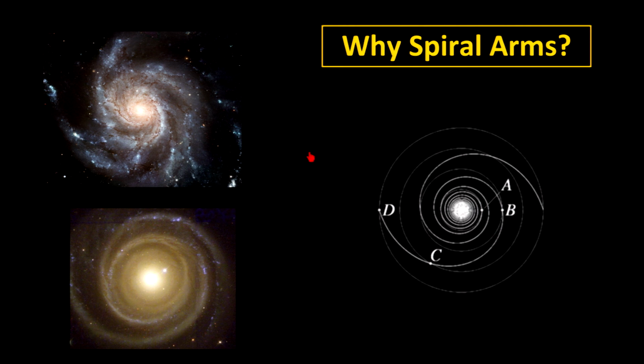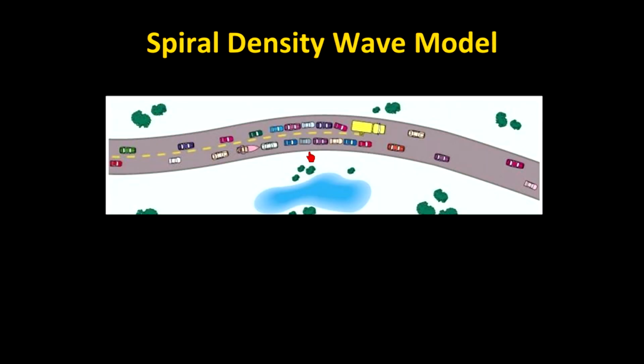So an alternative idea was suggested that seems to be the correct explanation, and this one is called the spiral density wave model. Now, to show you this idea, I'm going to use an analogy here in this picture, but let's start off with it's really the consequences of gravity and the idea of density.